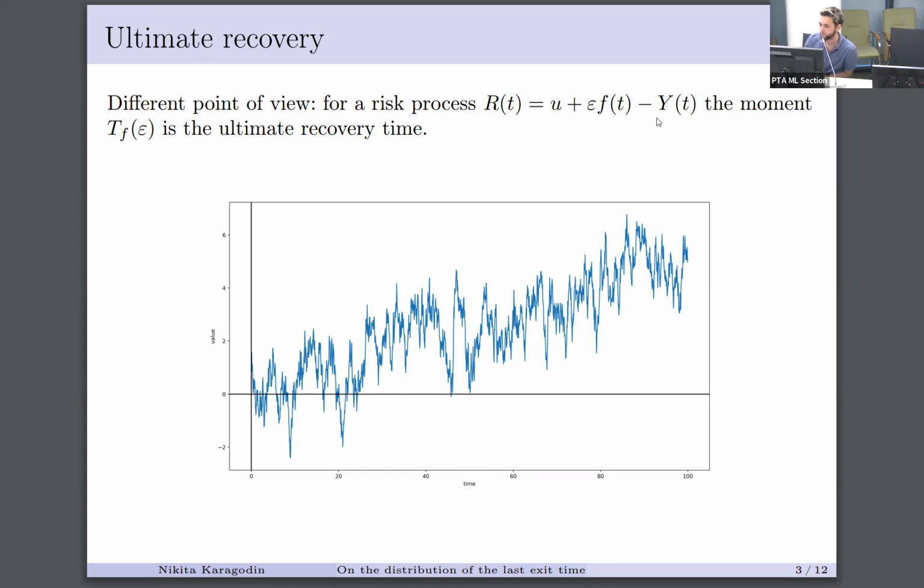Maybe some events happen that we can't predict, and we don't know exactly the money that we have to spend or receive from these events. In this setting the process looks like in the picture, and the time we consider is the last time that the process goes below zero. That is the last time the company needs some funding, and after this moment it's self-sustainable.